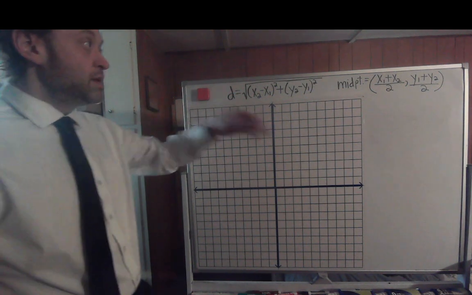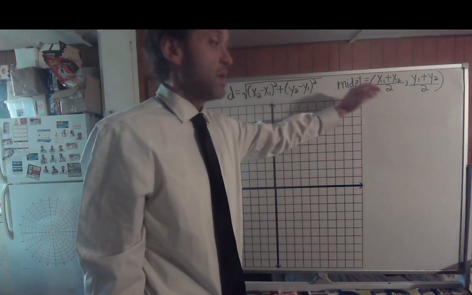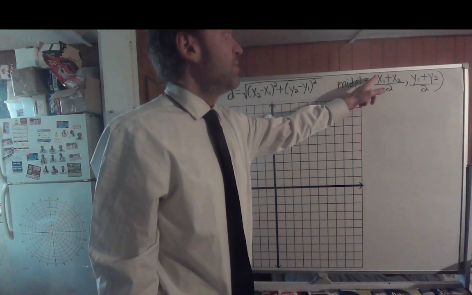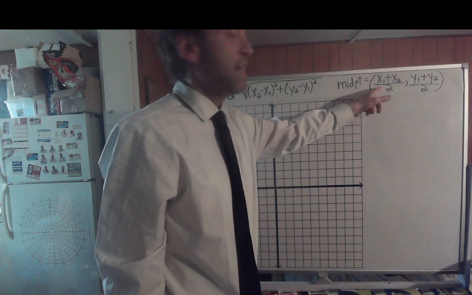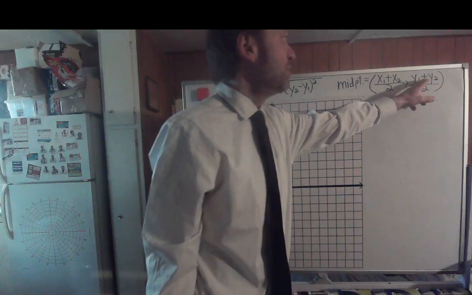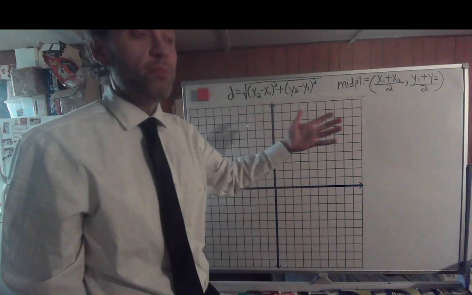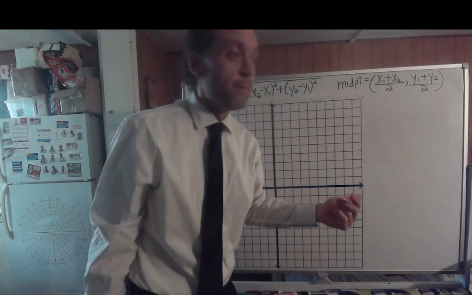And then to find the midpoint of two coordinates in the coordinate plane, you take the sum of your two x-coordinates, divide that by 2, and then it's also the sum of your two y-coordinates, divided by 2, and then you'll get the coordinate for the midpoint of those 2 points.